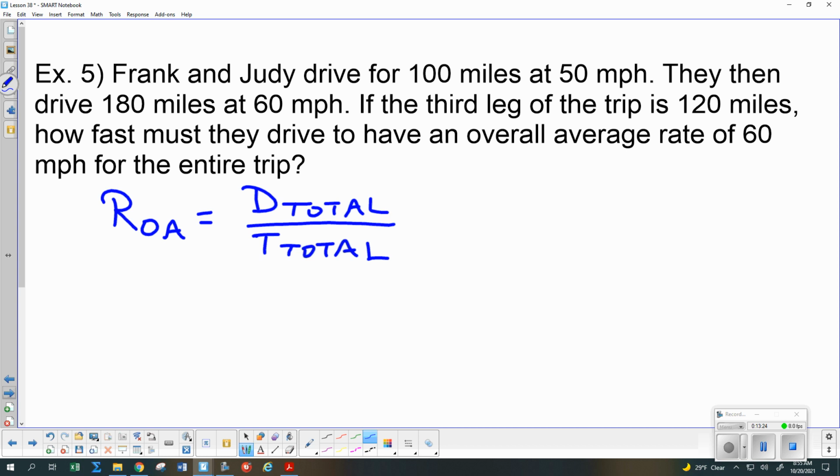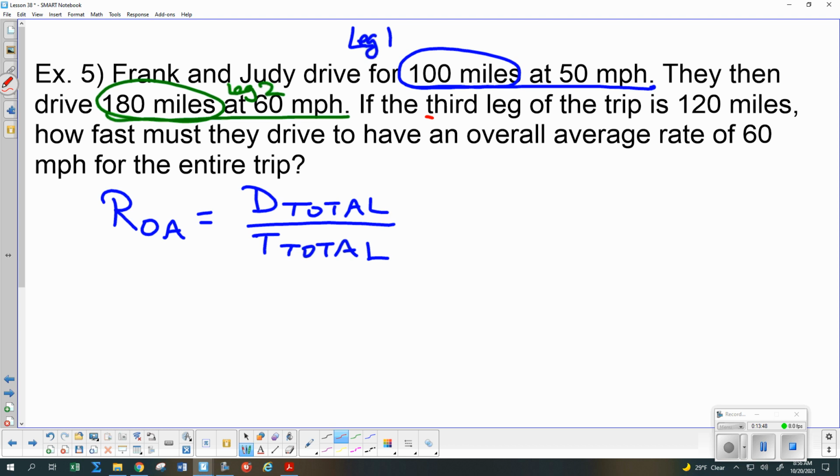So they tell us that this trip is in different sections, that for the first leg, it is 100 miles long and 50 miles an hour. They tell us that we have a second leg that is 180 miles long at 60 miles an hour.